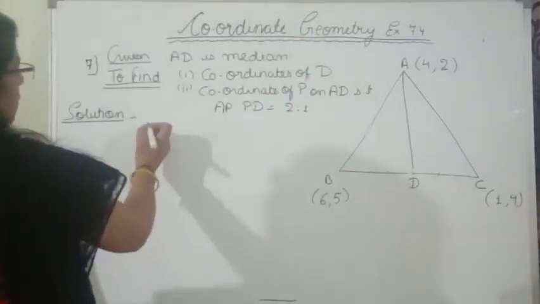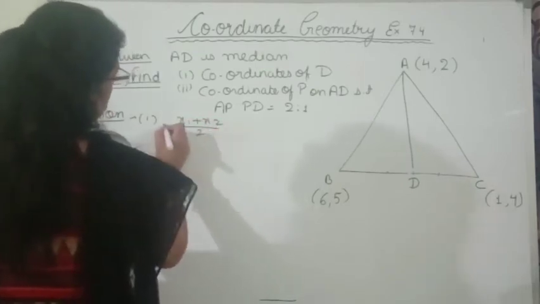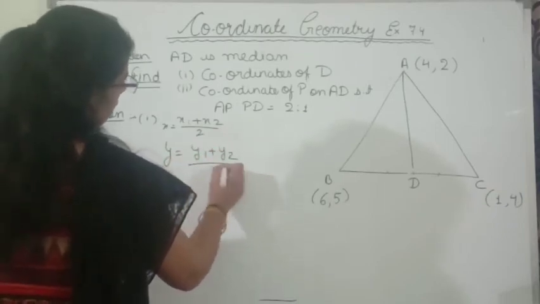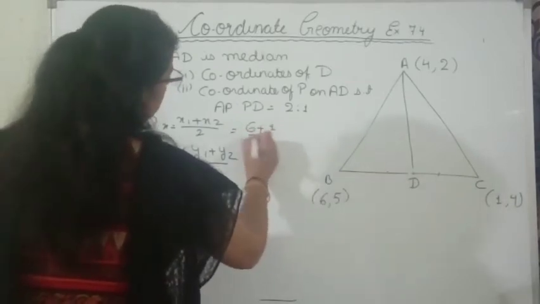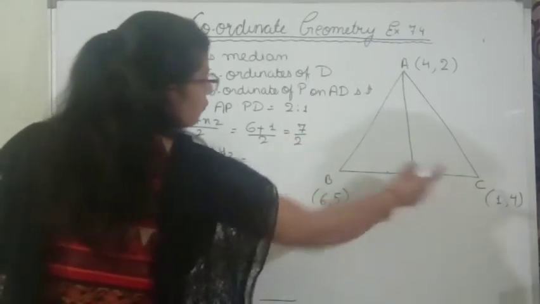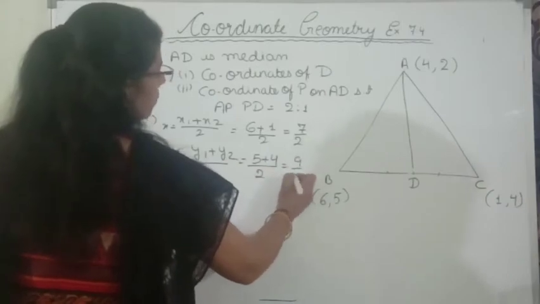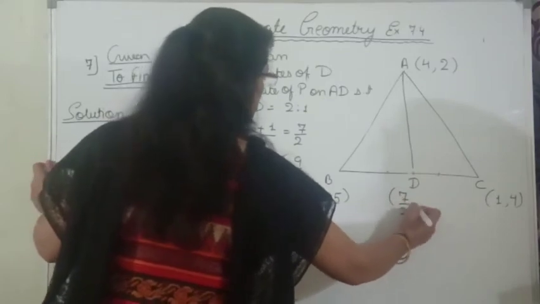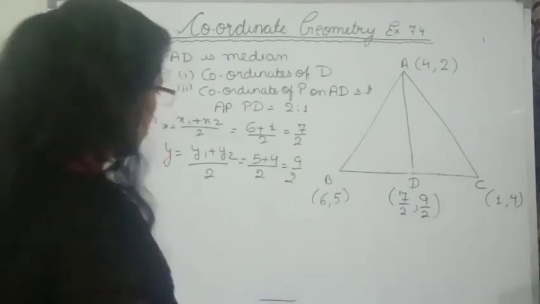So the x coordinate is 6 plus 1 divided by 2, that is 7 upon 2, and the y coordinate is 5 plus 4 divided by 2, that means 9 upon 2. So the coordinate of point D is 7 upon 2 comma 9 upon 2. The first part is clear.